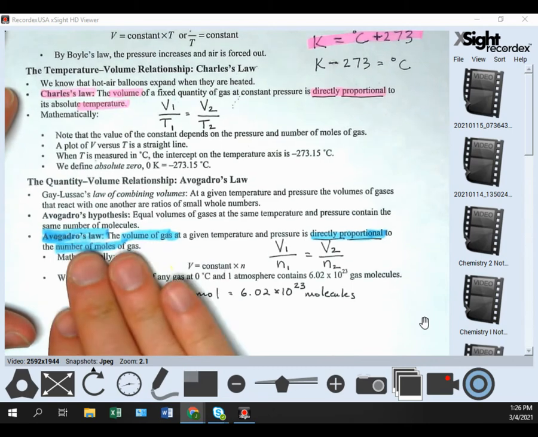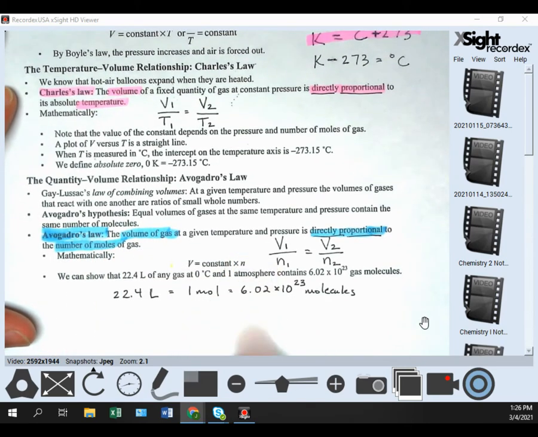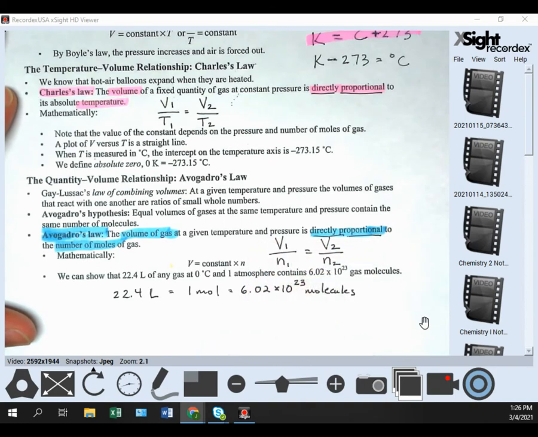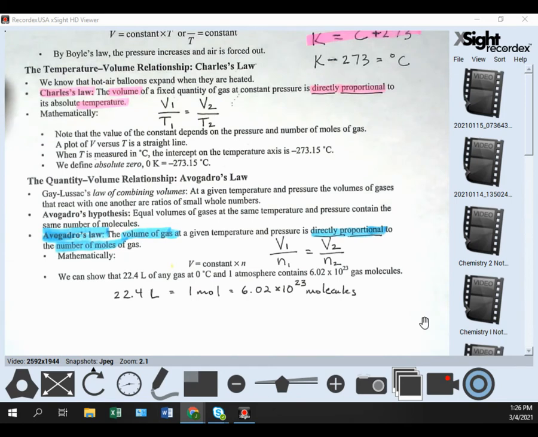This law is seen in the relationship between volume and number of moles. It's directly proportional: V1 over N1 equals V2 over N2. If the number of moles goes up, the volume goes up. If the number of moles goes down, the volume goes down, if the temperature and pressure stay the same.